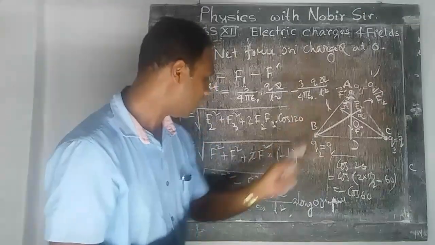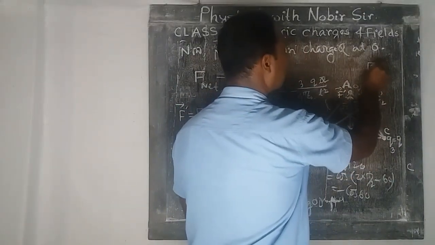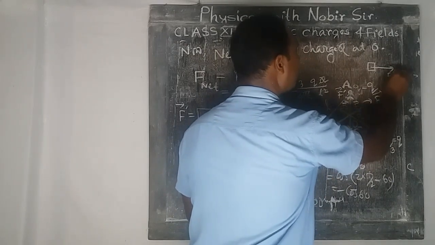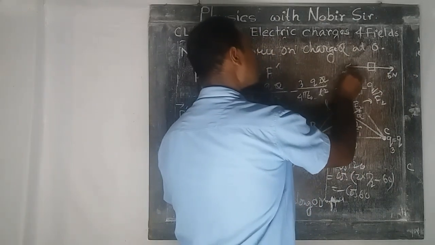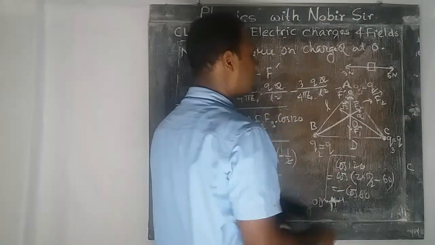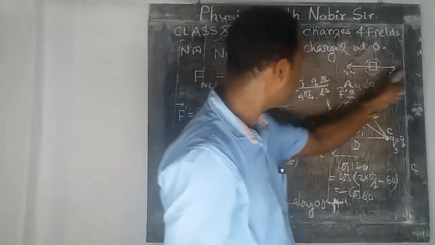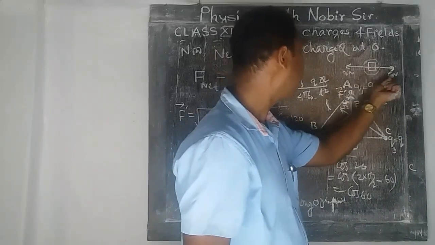Do you understand? It is like this. Suppose this is an object, and two forces are applied on it. Suppose one is a 5 Newton force applied in this direction, and another force pulls it with 3 Newton in this direction. So what will be the net force on this body? One is 5 Newton, the other is 3 Newton. The net force on the body will be 5 minus 3.